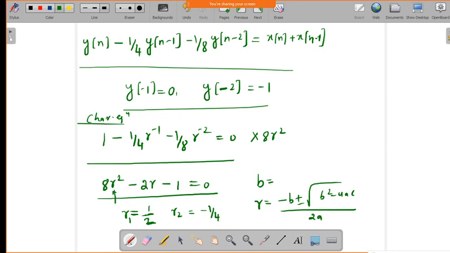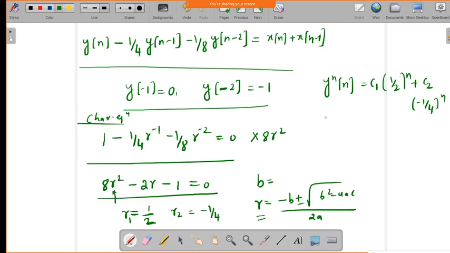If you solve, you will get R1 is 1 by 2 and R2 is minus 1 by 4. Okay. So now what is the natural response? The solution of natural response is equal to C1 into half power n plus C2 into minus 1 by 4 power n.